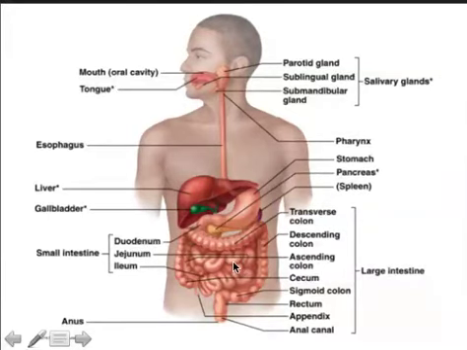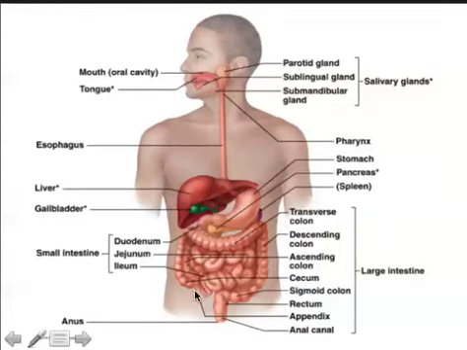And then, of course, the appendix is the home to lots and lots of bacteria, and we know that those bacteria are important because they produce vital components that are absorbed into the bloodstream that keep us happy and healthy. But occasionally what can happen is that fecal material can become jammed in this little blind sac down here.